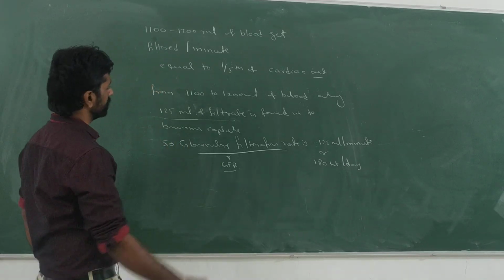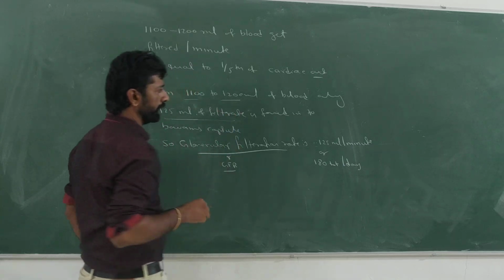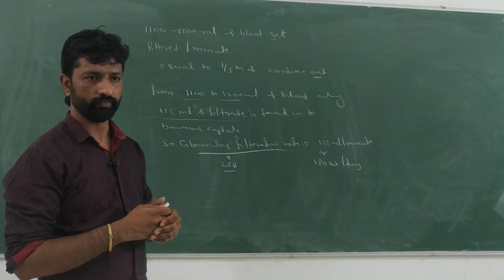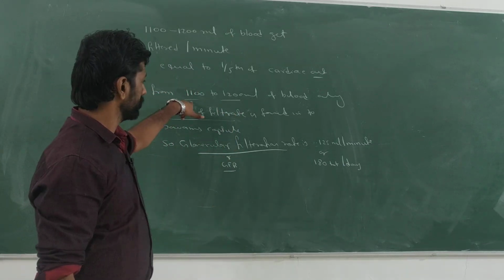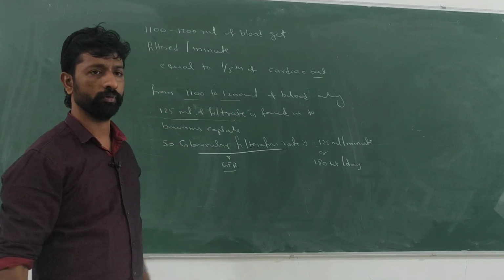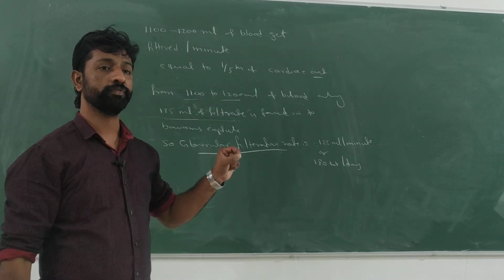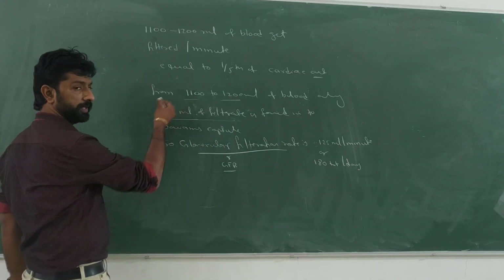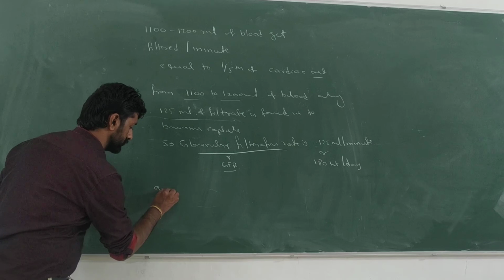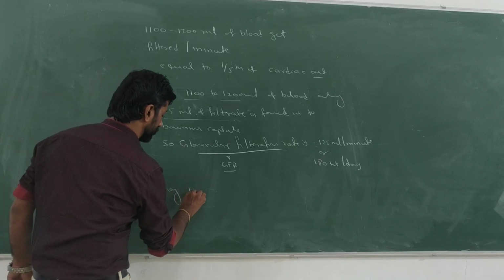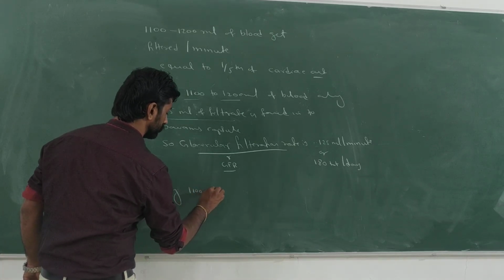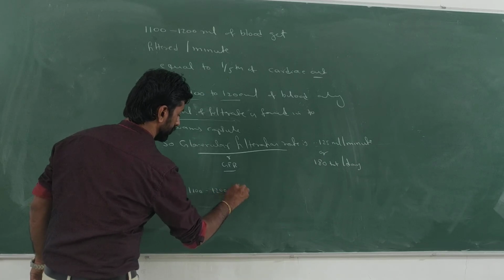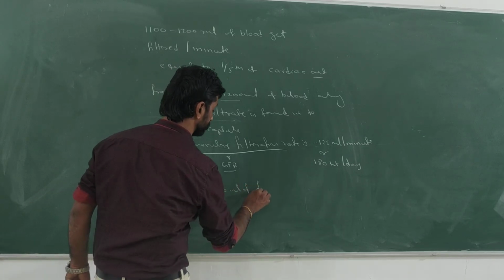Among the 1100 to 1200 ml of blood filtered, 650 ml is plasma only.